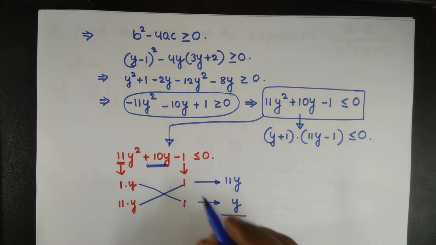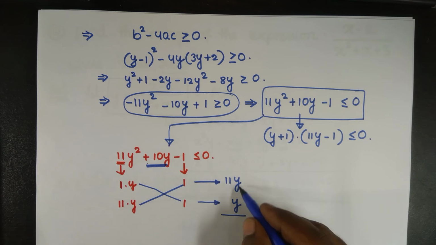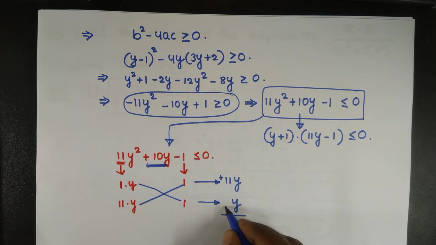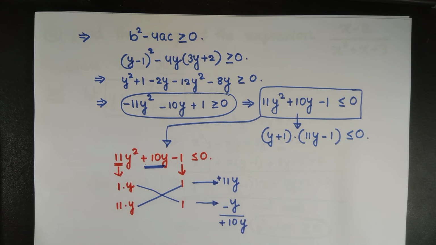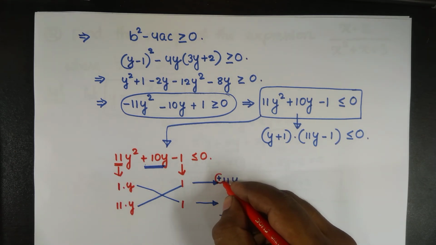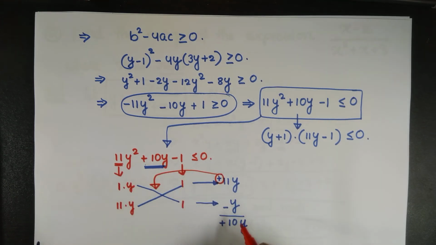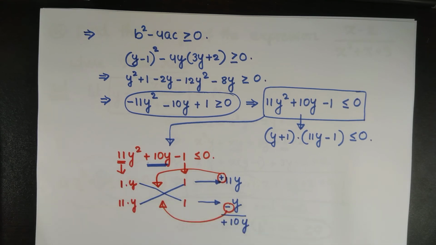So how do we get positive 10 from these two quantities? So I must take plus 11y, negative y. If I do this, I'll get positive 10y. Yes or not? So now this positive sign you plug in here, and this negative sign you can put it here.